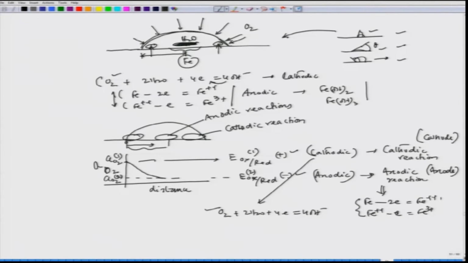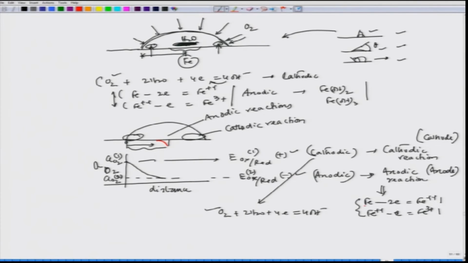So, whenever we have Fe2+ and Fe3+, they would try to form Fe(OH)2 and Fe(OH)3 and they will try to deposit. So, this is the deposit if I consider. So, now corrosion, that means this iron is dissolving.